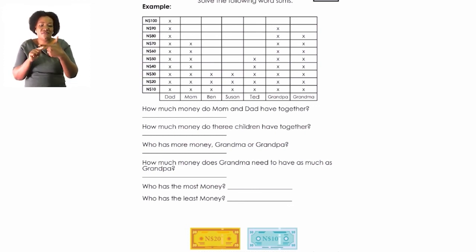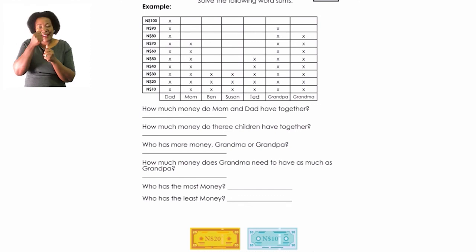Mom has actually $70. And how much money does Dad have? He has 100 Namibian dollars. And how much money do you think they have all together? That is correct. They have 170 Namibian dollars all together.